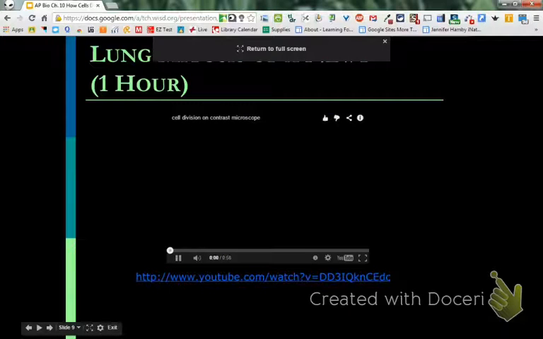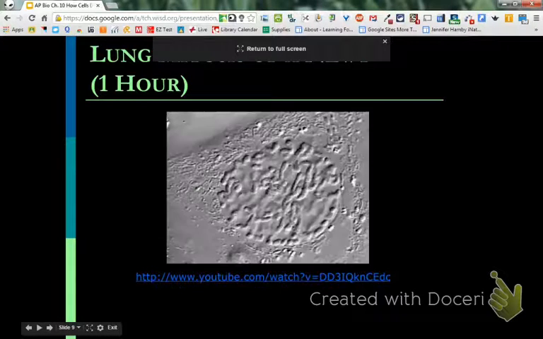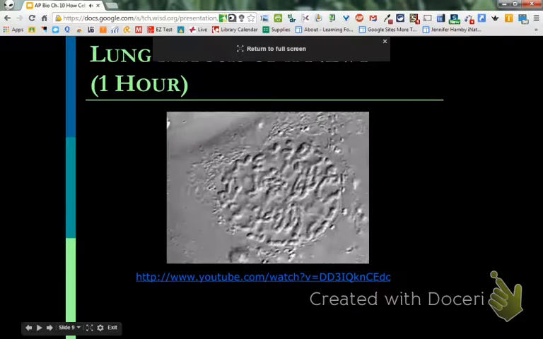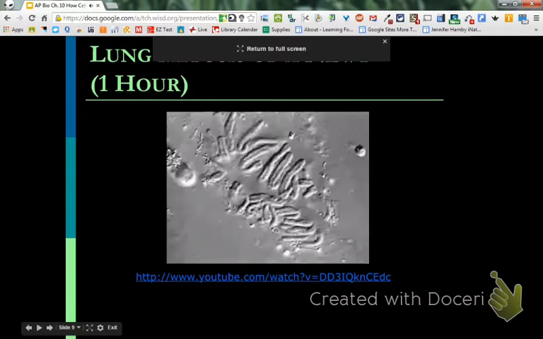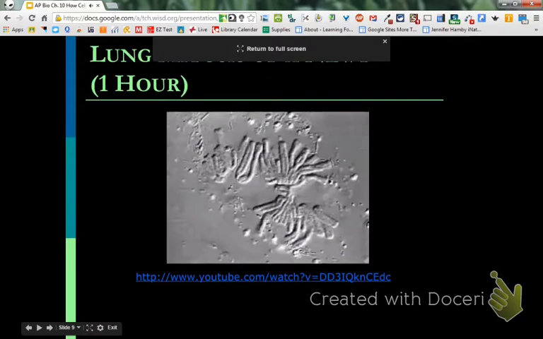So this is 1 hour broken down into about 15 seconds. Differential interference contrast spectroscopy is used here to visualize mitotic events in a lung cell growth tissue culture. Individual chromosomes become visible as the replicated chromatin starts to condense.